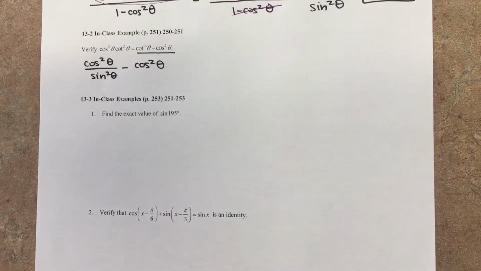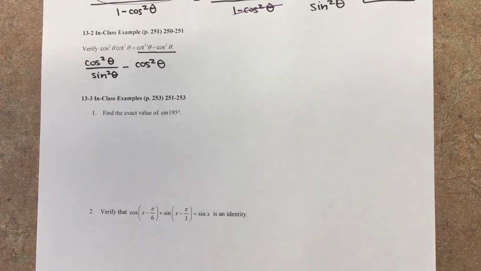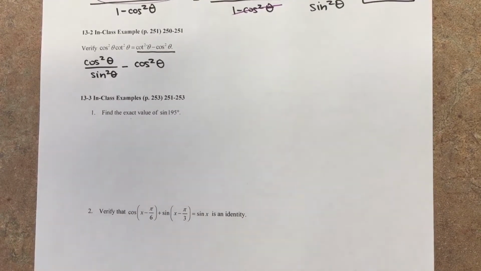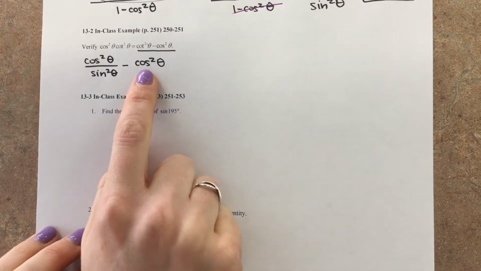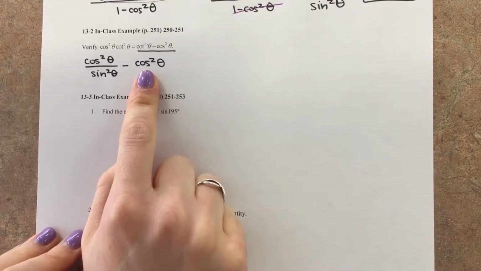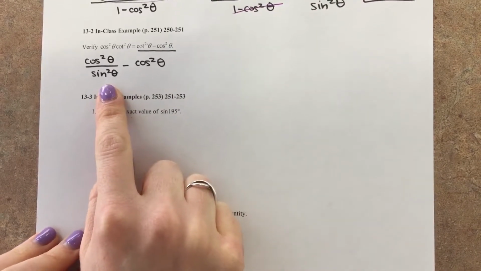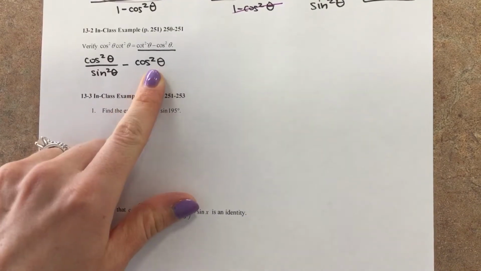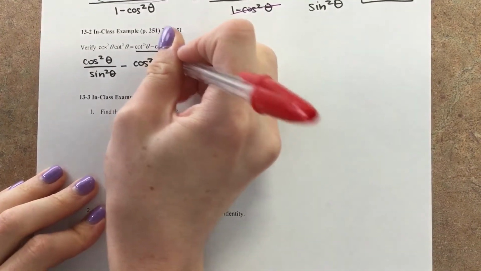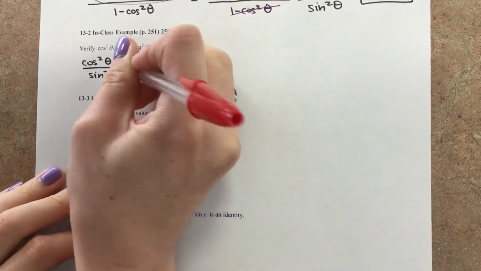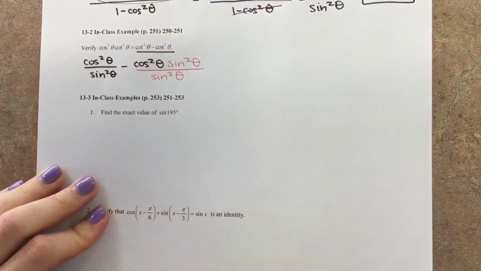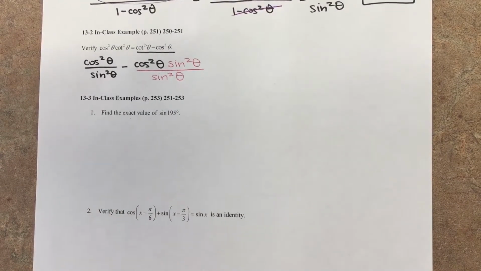I mentioned the whole adding and subtracting with a common denominator thing. You'd be stuck at this point without a common denominator. This one technically right now has a denominator of 1, whereas this one has a denominator of sine squared. So we are going to multiply this term, top and bottom, by sine squared, and that will give us a common denominator, and then we'll be able to combine them.